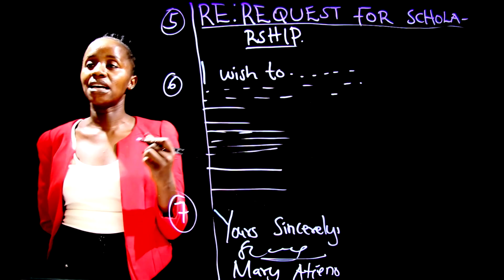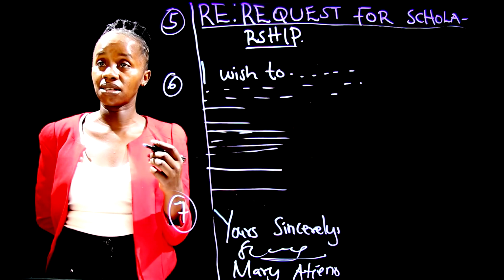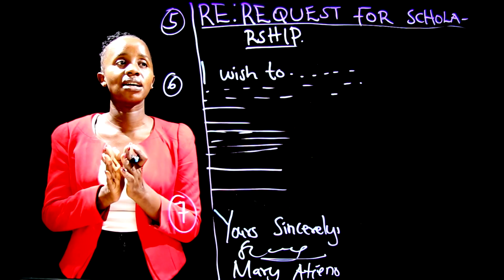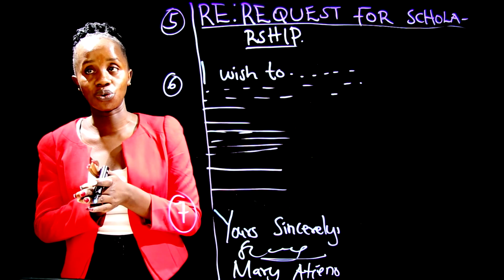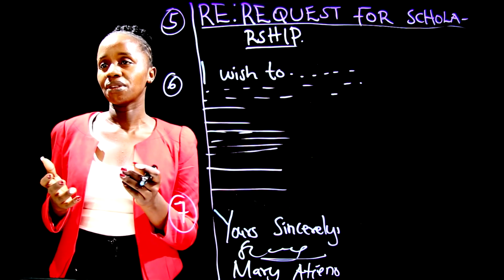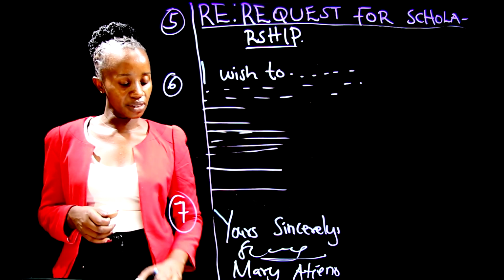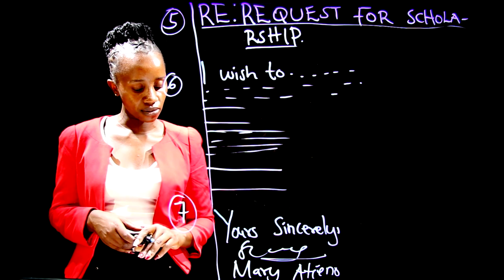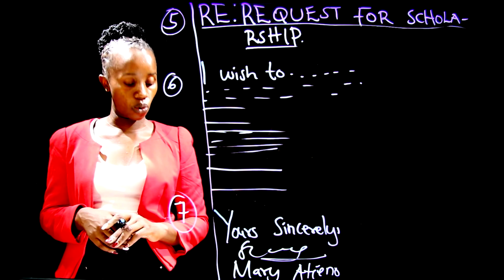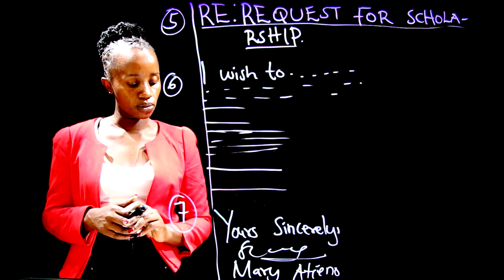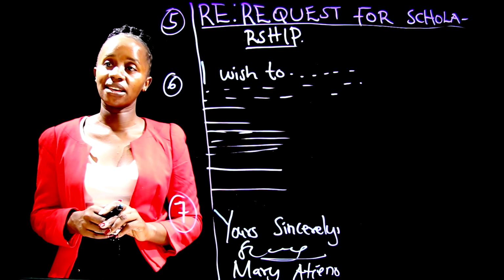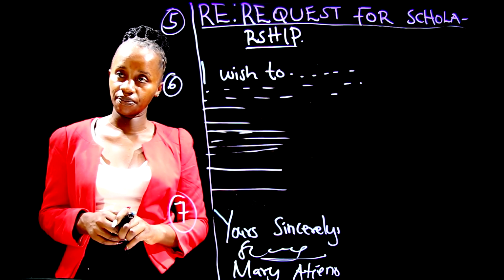So basically that is how you write a letter, and if you're looking at the block format, that is how you do it. So challenge yourself, and this is the challenge I'm giving you. Kindly write this down. Imagine you finished school some years ago and you got a job with Hekima Technical College.